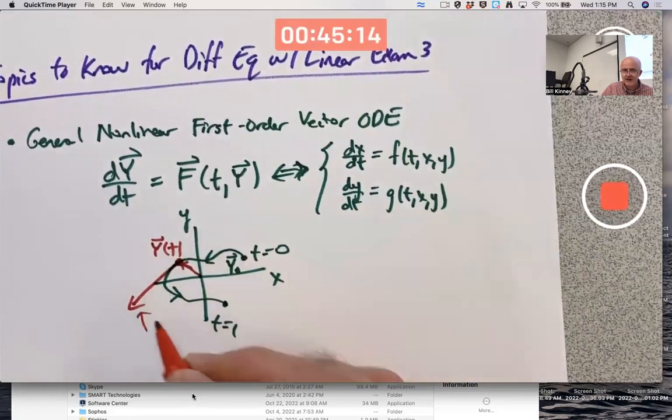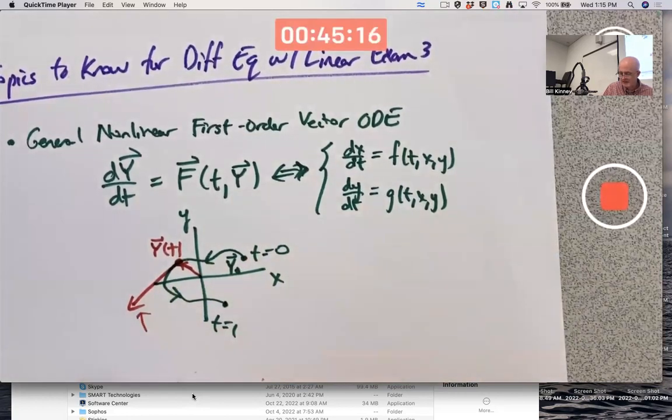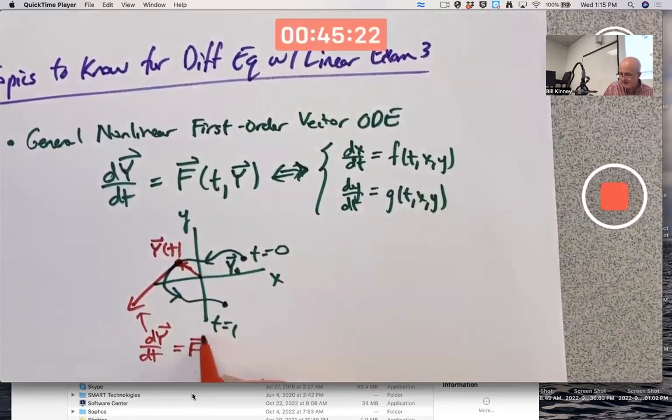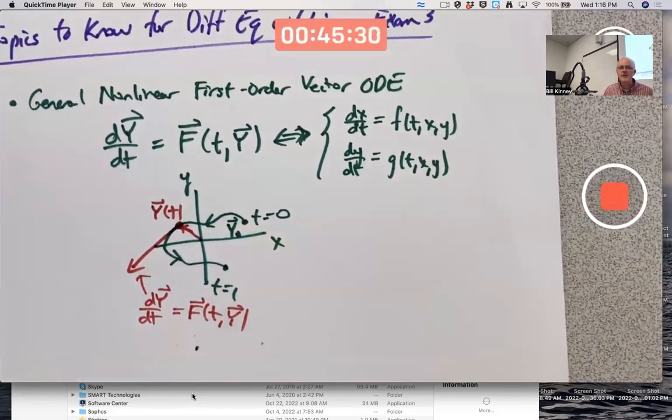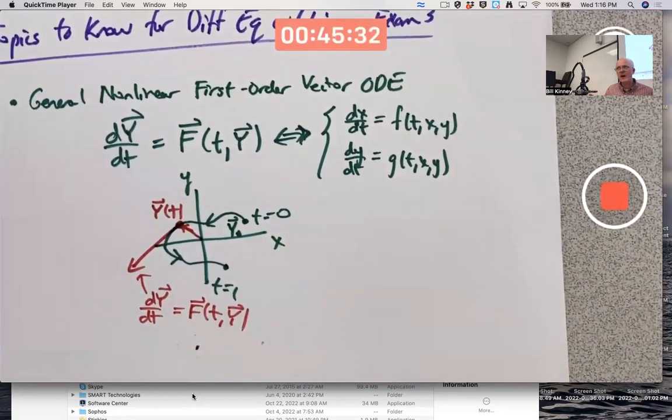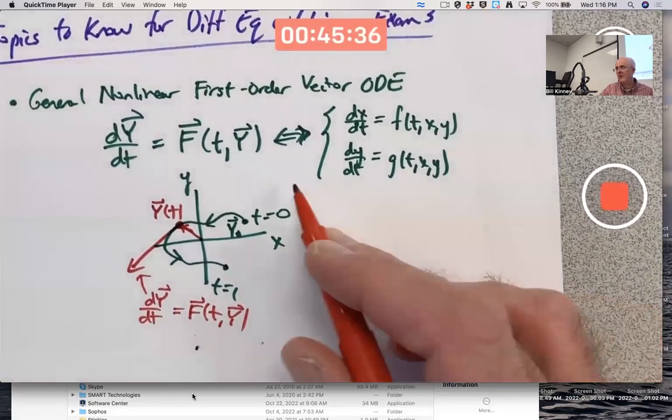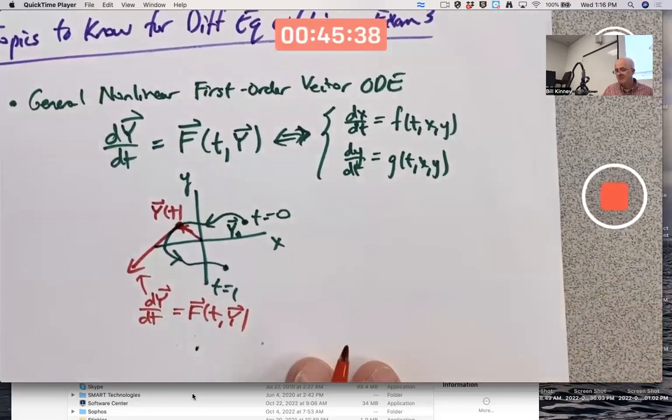This would be the velocity vector for y of t at this moment in time. You could call it dy dt, and it equals the output of the vector field at that moment in time. Pretend t is something specific when you think about that. So that's the conceptual framework for thinking about solutions of vector equations in a phase plane.